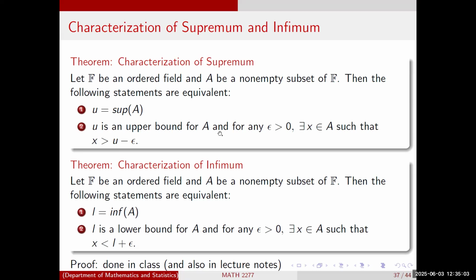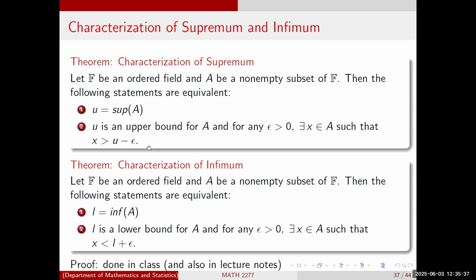Another way of stating it, the supremum is the smallest of the upper bounds, the least upper bound. So what's another way of saying that? Another way of saying that is for any small positive number, let's call it epsilon, there exists, or you could find, an element in the set A, call it X, such that this element is bigger than U minus epsilon.